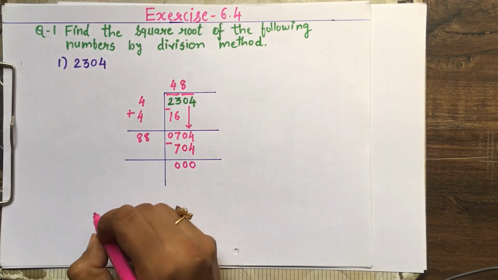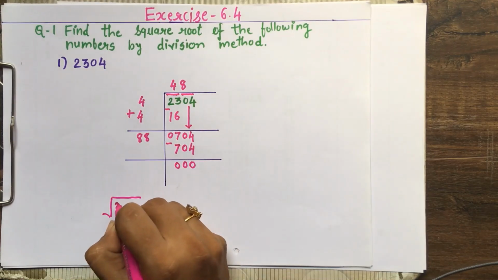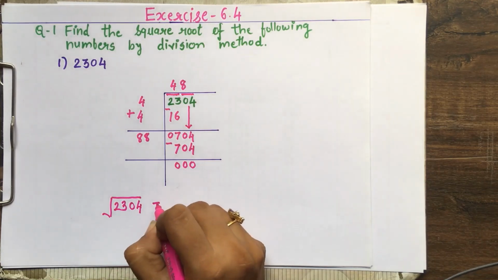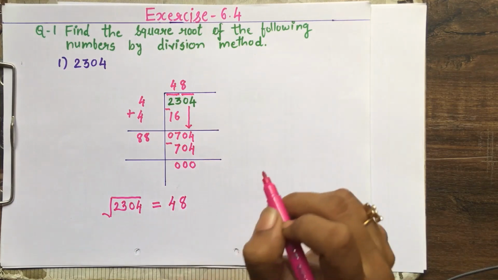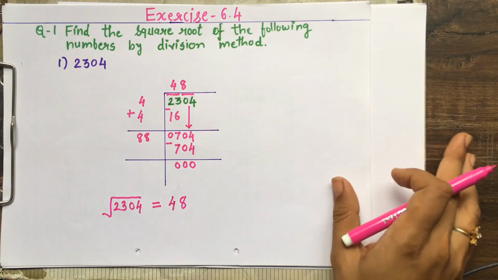So we can write down that square root of 2304 is equal to 48. So this is the answer.